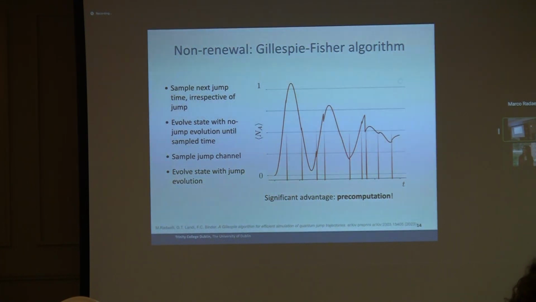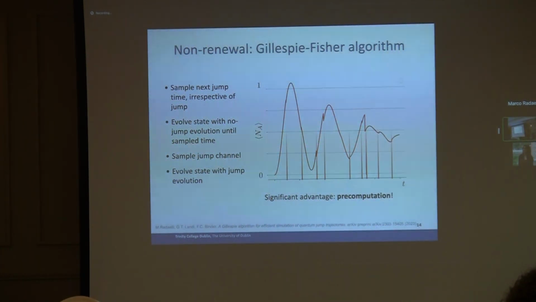Therefore, we introduce this new algorithm, which is called the Gillespie Fisher algorithm. Gillespie comes from a well-known algorithm in classical statistical mechanics. The idea is that we generate the waiting time distribution, we sample from it, we evolve according to the waiting time distribution, and then only in the second step we specify in which channel the jump will happen.